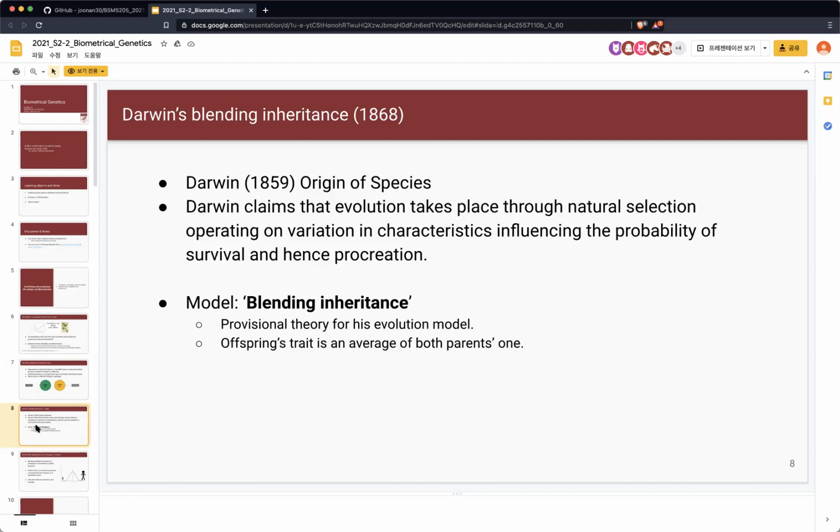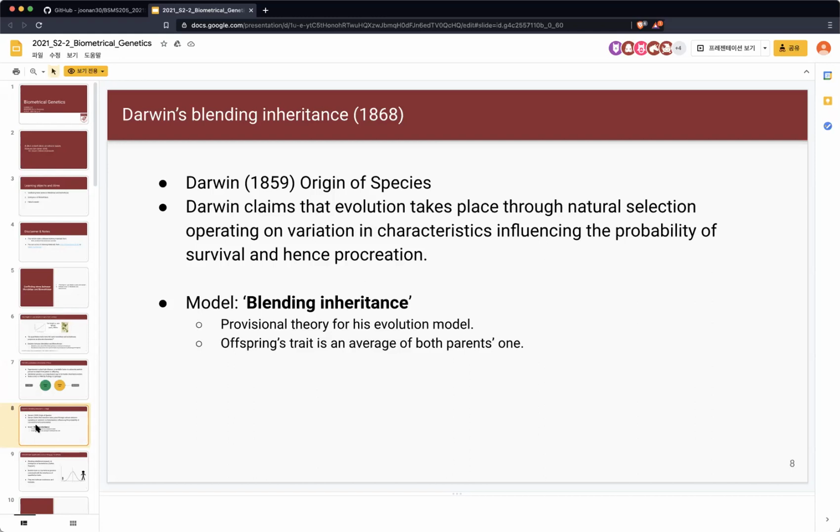So what is Darwin's idea? He tried to explain the evolutionary properties and variability of traits within a population. And he tried to explain that the variability of traits is heritable, and that is the major driving force and phenomenon happening in the evolutionary process, right?